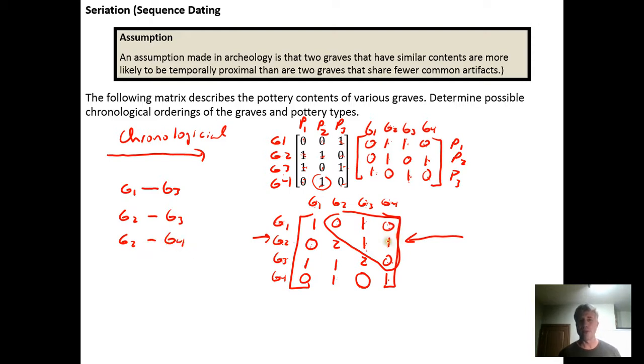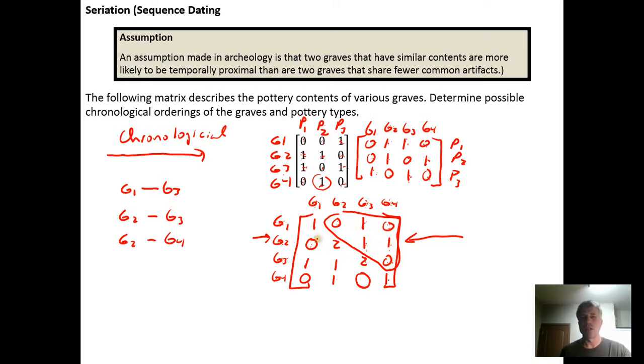And if these numbers were bigger, that would mean that the relationship was stronger or closer in time, because these numbers also tell us how many shared pottery types. In this particular instance, no grave shared more than 1, but if this had a 3, that would tell you a stronger temporal relationship between the two graves. And then grave 3 isn't related to grave 4 in time.